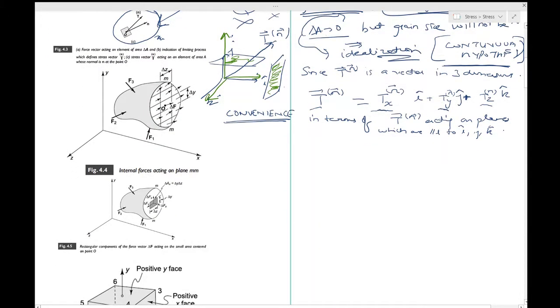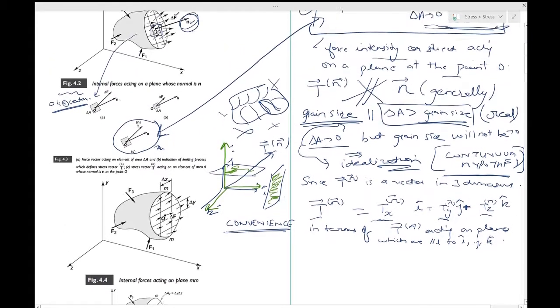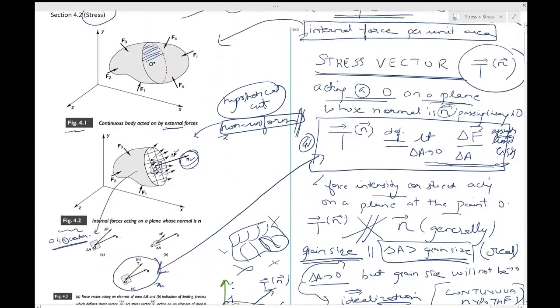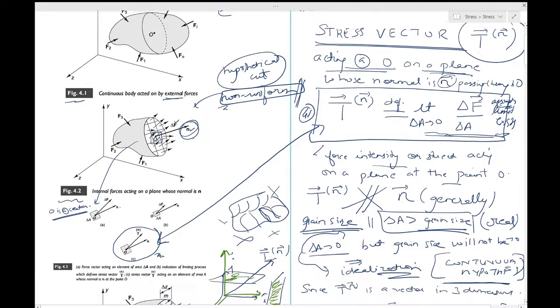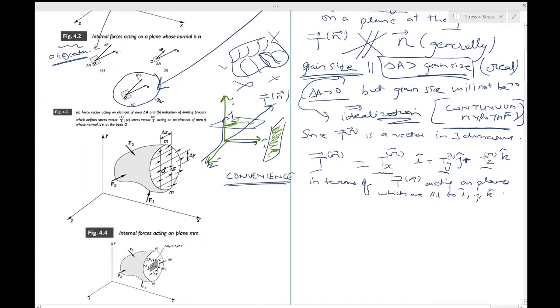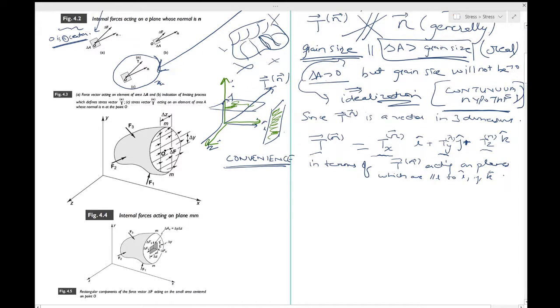Okay, so now let's come back to the discussion of the continuous body shown in figure 4.1. Let me just rub off this. And now pass through the point O a plane MM. So that's what you have done in this figure 4.4.